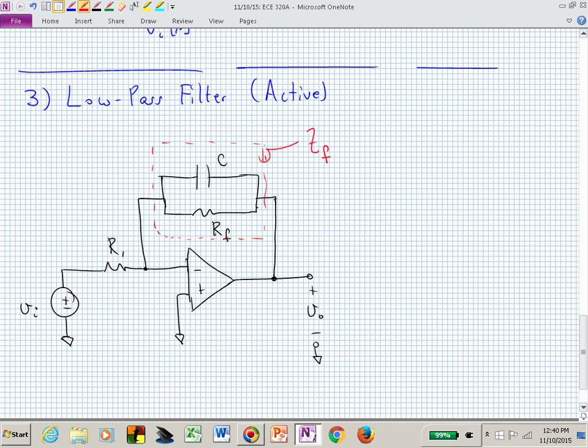Question was, why do we use capacitors and not inductors? Inductors are heavy, so if you think about a space application, they're more expensive. You can incorporate capacitors onto an integrated circuit. You can build those in much more effectively than an inductor.